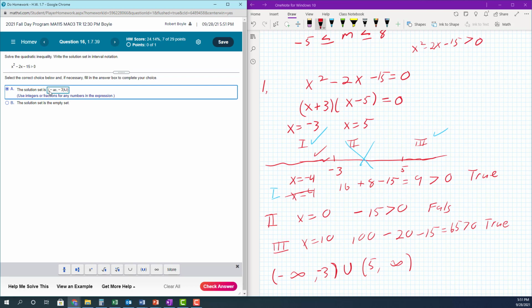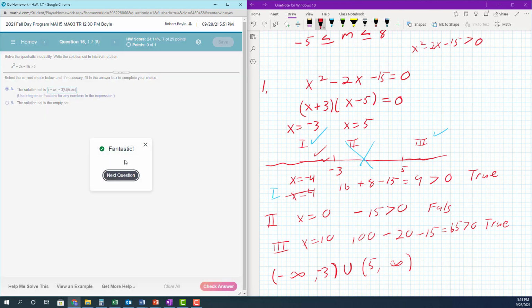And then parenthesis, 5, comma, \inf. All right, let's see if that works. There we go. Okay, so that's how those things work.